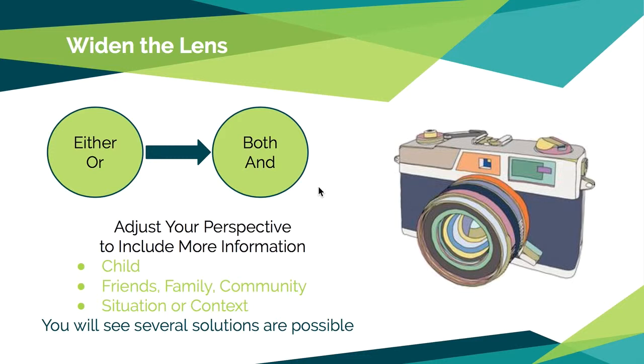So what we did was we looked at the situation or the context, and we looked all around it. So we stepped back from the art, and we looked at what is involved in the art project. And together as a team, the teachers and I started looking at, well, she has to paint, or she has to glue, or she has to get her materials out. And is there anything that would be something she wouldn't like in the process?